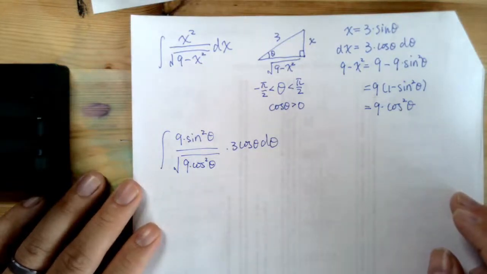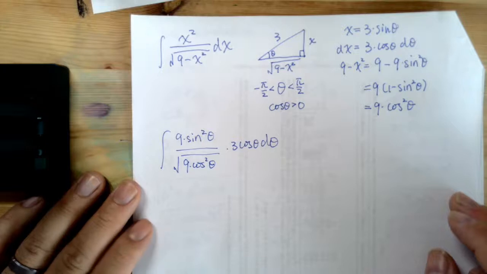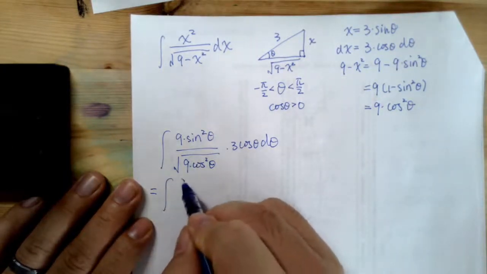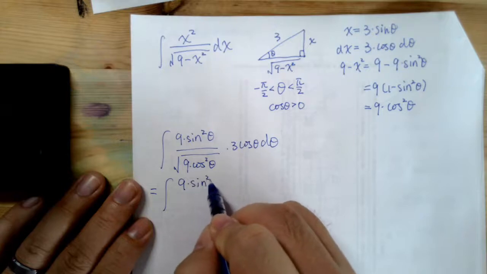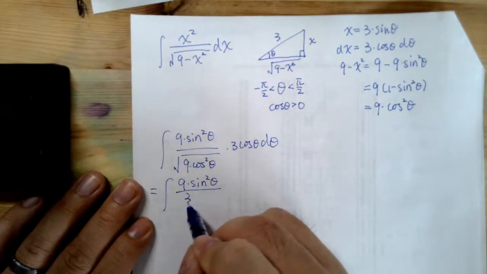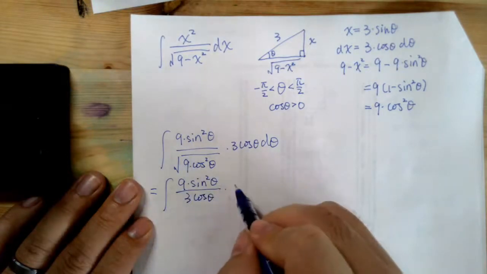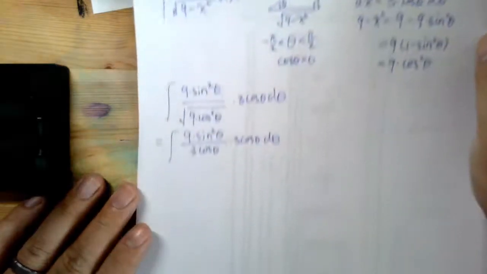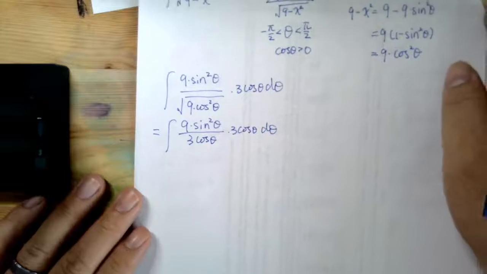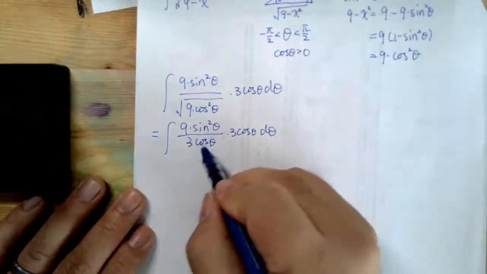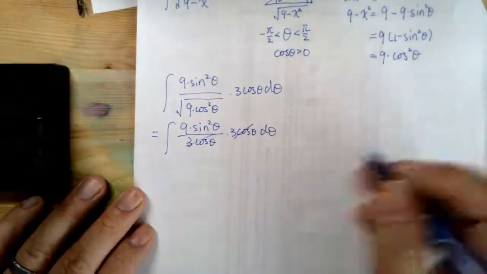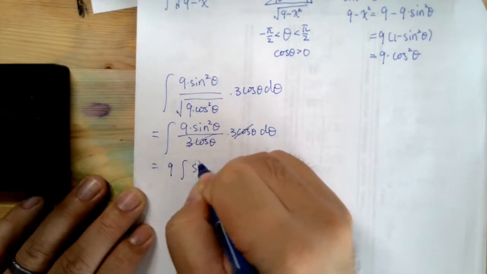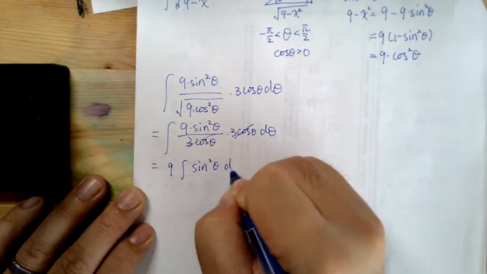Okay. And it turns out this is going to be 9 times sine squared theta over 3 cosine theta, times 3 cosine theta d theta. Because cosine theta is positive, you can cancel those two. Turns out this is what we have: 9 times the integral of sine squared theta d theta.